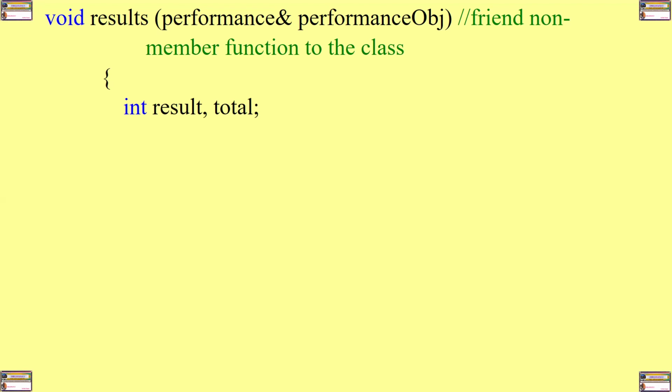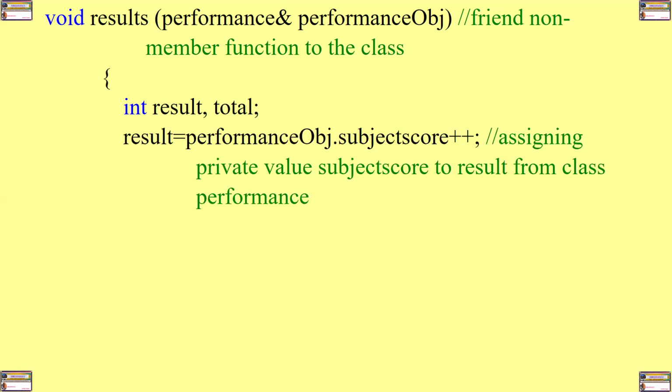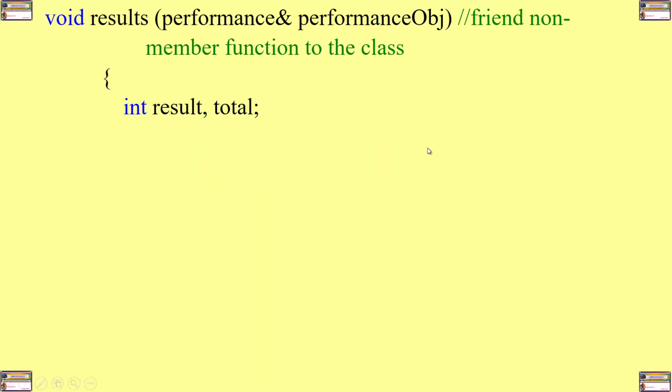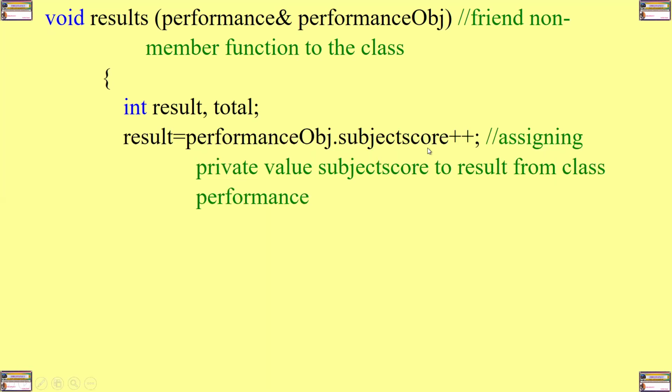What does this function do? This function has two local variables or two members, one called result, the other called total, and they are of type result. Then what do we do next? We are assigning the private value called subject score from class performance to result. And you can see we are incrementing the value in the member called subject score.